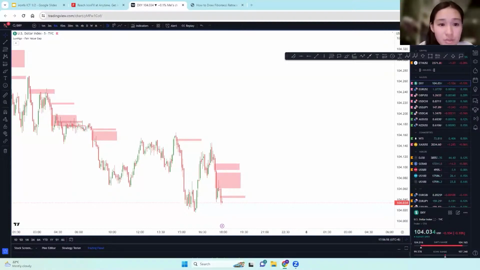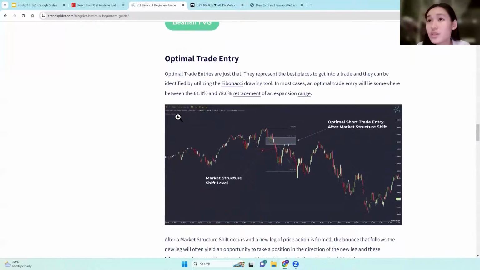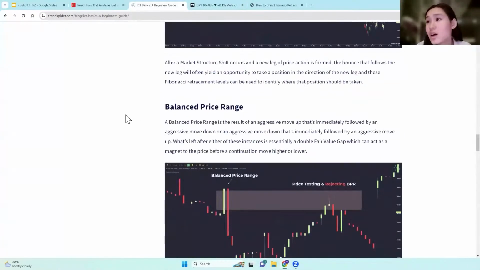What I mean by a double fair value gap, you can look at this website as well.